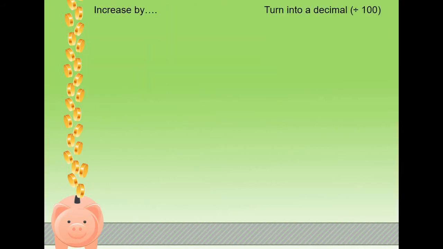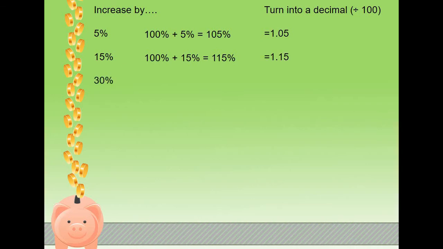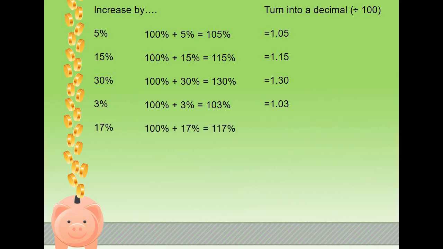Okay, so we're just going to look a bit more at that. So if we had an increase of 5%, add it on to 100%, turn it into a decimal, and then we multiply. If we had an increase of 15%, add it on to 100%, turn it into a decimal. 30%, 3%, notice the difference between those last two, very often confused. 17%, 0.5%, another one we need to be careful with.